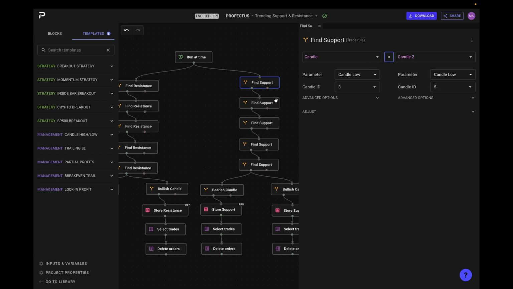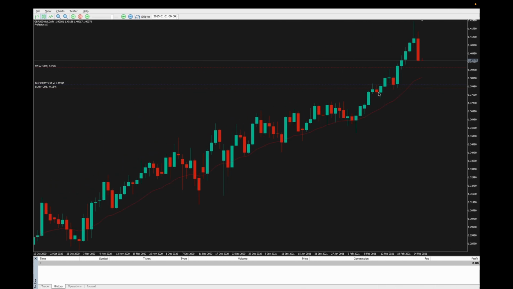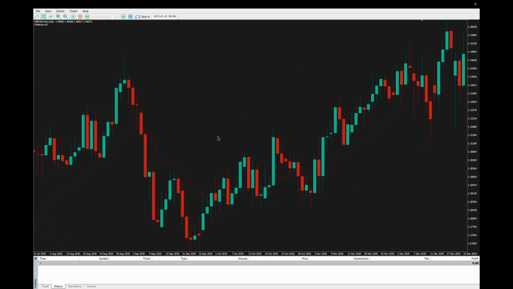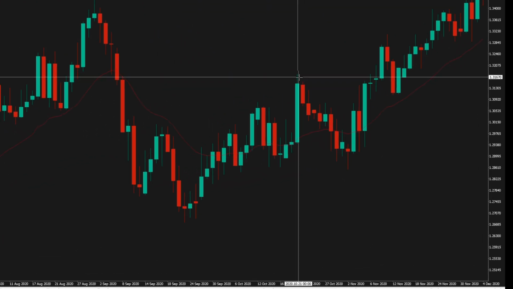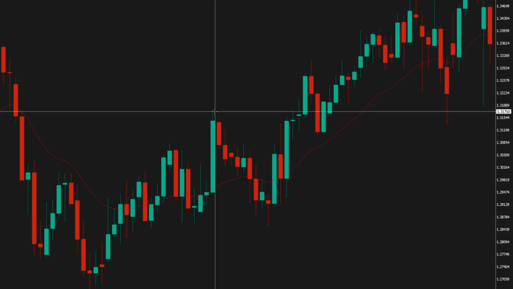Now you know the next block we check is if candle 3 is also lower than candle 4, and also lower than candle 2, and also lower than candle 1. Because if that all happens in the same sequence, then we find a swing low. Take a random example, this swing high right here. This wick of this green candle is higher than this wick, and higher than this wick, and higher than this wick, and higher than this wick.